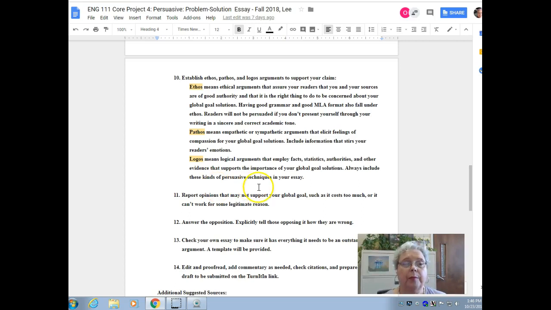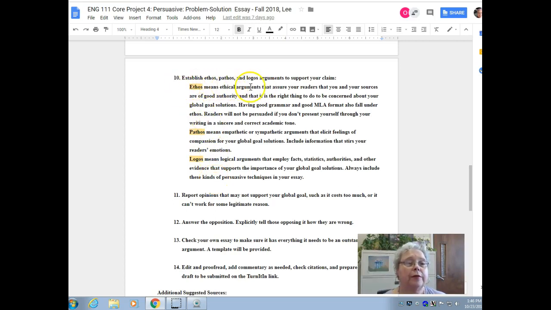For those, you're going to be bringing in evidence, of course, to back up the solutions that you're suggesting. So when you bring information into this essay to try to convince people, you want to try each kind of argument here.